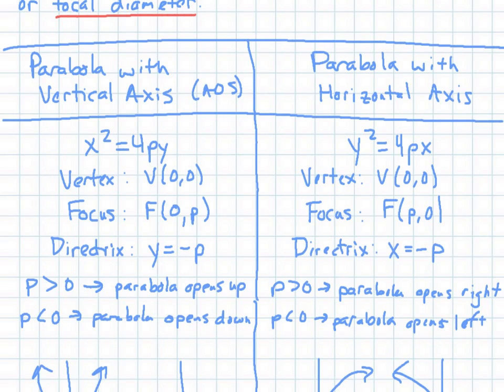Since it's vertical, it's either going to open up or open down. When it's horizontal, the axis of symmetry is a y equals line, so it's either going to open to the right or open to the left. For this, you're going to have equations that look like x squared equals 4py and y squared equals 4px.